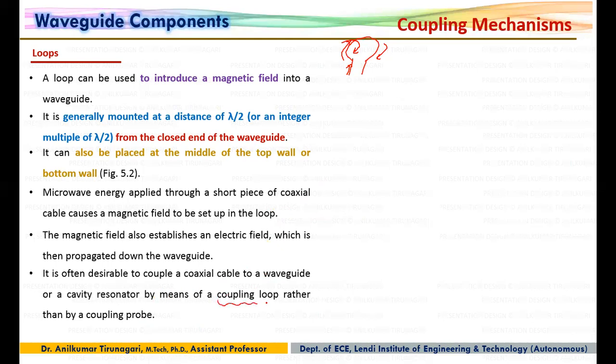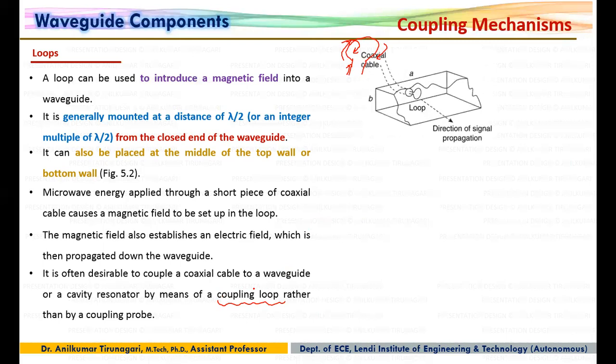The coupling loop is highly preferable rather than the coupling probe. So it is often desirable to couple a coaxial cable to a waveguide or a cavity resonator simply by using the coupling loop other than the coupling probe.